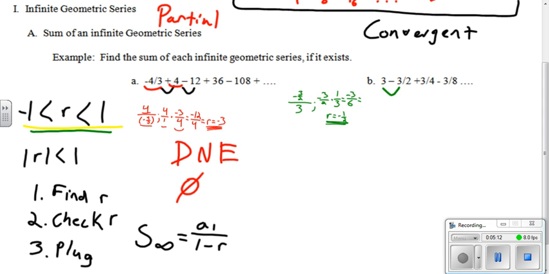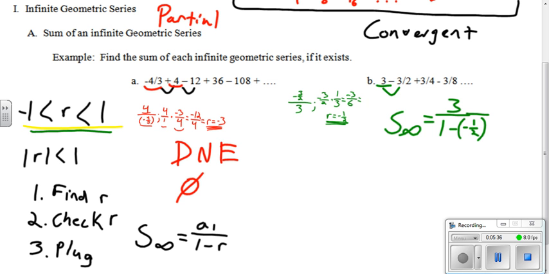Remember, all we have to do is just plug in: infinite sum equals our first value, 3, over 1 minus our R value of negative 1/2. 1 minus negative 1/2 is the same as 1 plus 1/2.